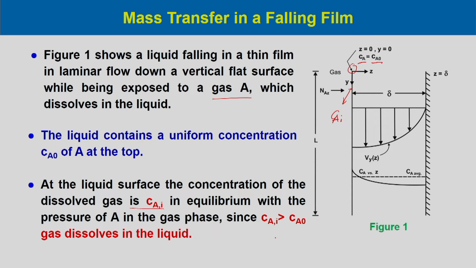Now, since CAi should obviously be more than CA0 at Z equal to 0, that is, CA equal to CA0. So, if CAi is greater than CA0, that means gas dissolves in the liquid.